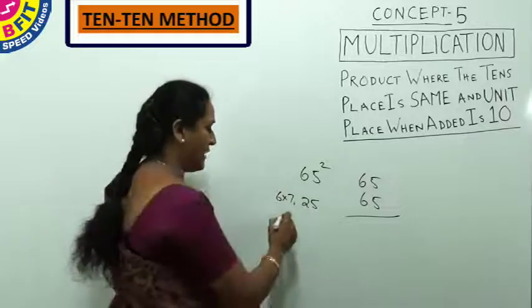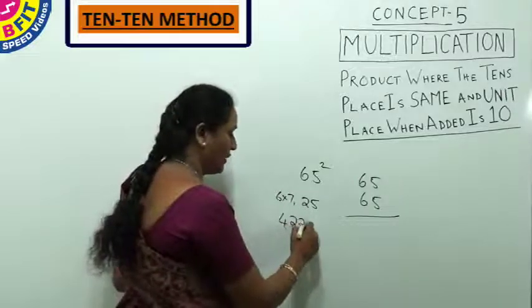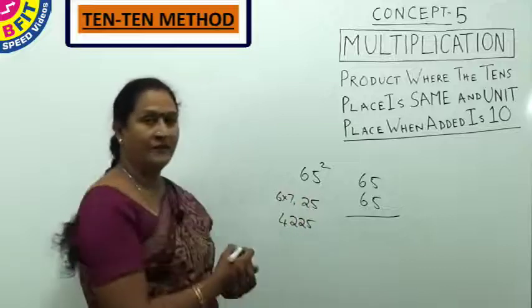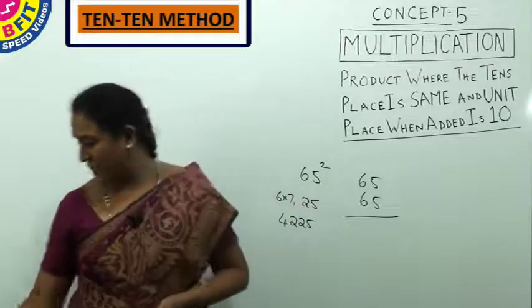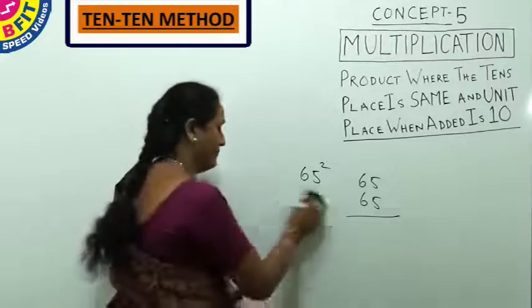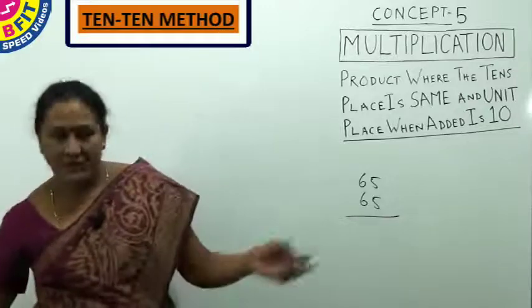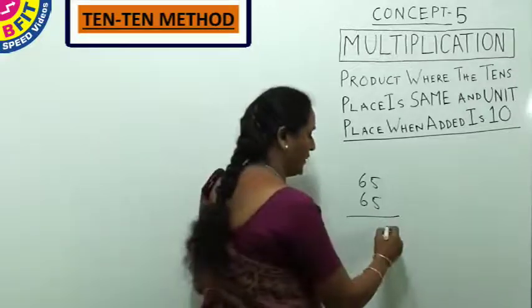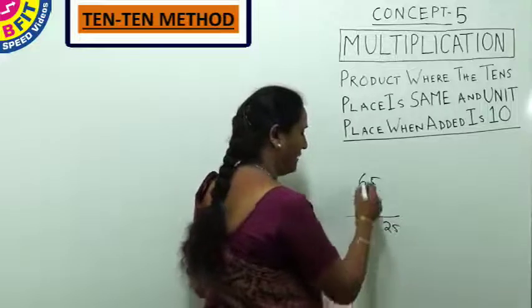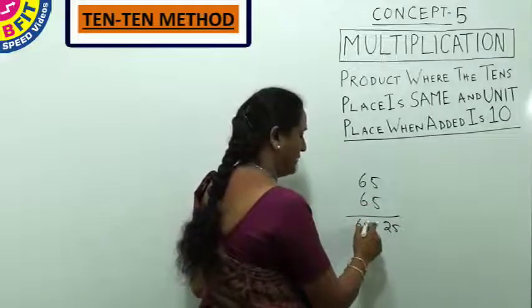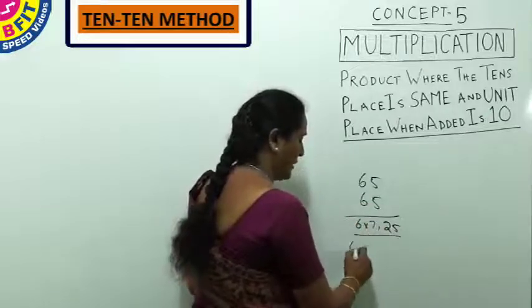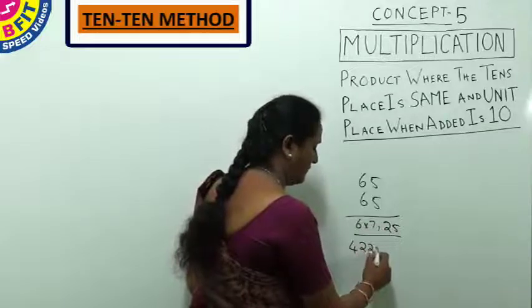So the square of 65 is 42, 25. Here, 65 square: the product of 5 and 5 is 25, and 6 is multiplied with its following number. So the product is 42, 25.